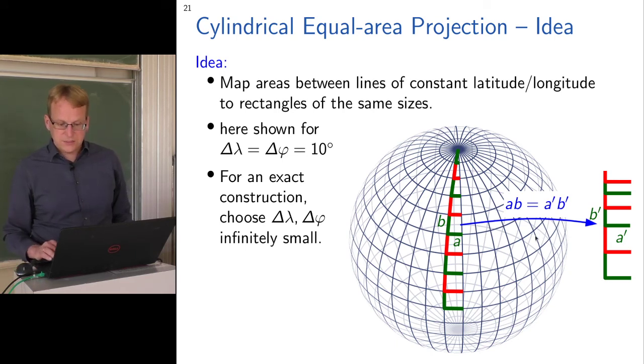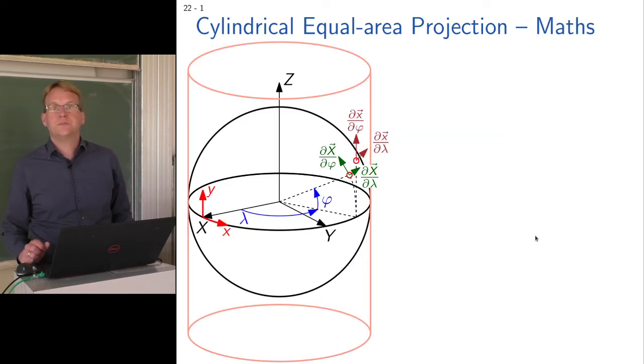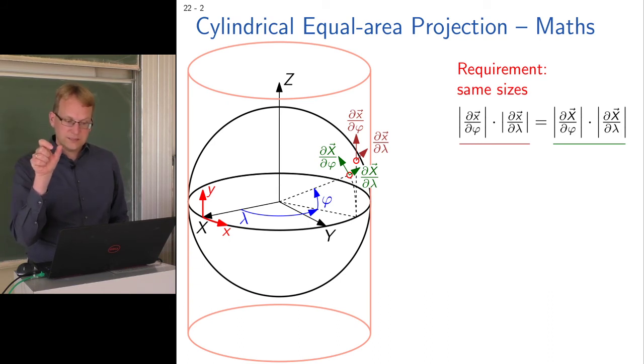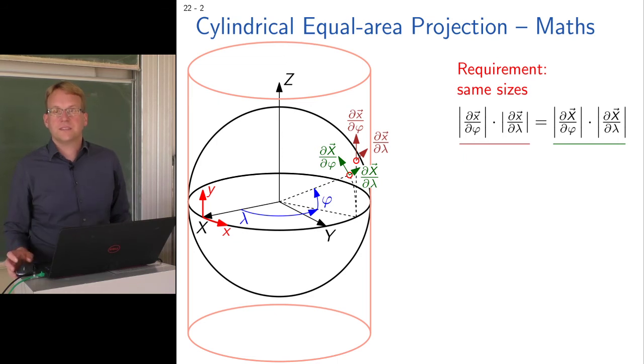But we can use the very same approach as before. We look at the same figure and the same partial derivatives. We have a different requirement now. We say not the aspect ratio of these two sides of our surface element should be the same, but the sizes of the surface elements should be the same.